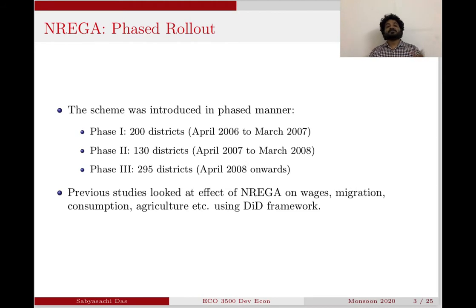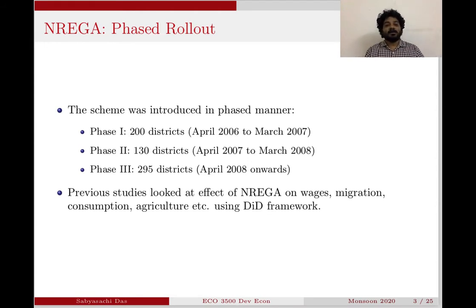So in the first phase, 200 districts were selected in April 2006. The program started at that time in 200 districts. After a year, another 130 districts were introduced, so it was expanded to 330 districts in total.